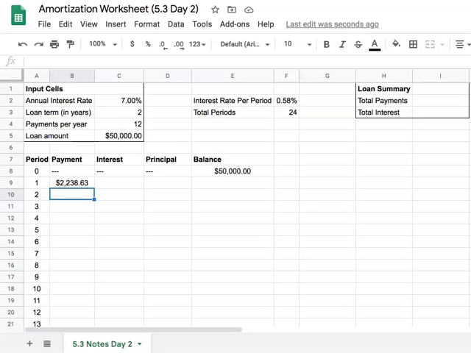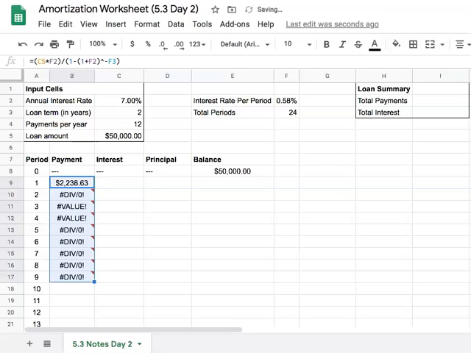Now, I don't want to have to write this all out for every single one, and the point of using the spreadsheet is to make it simpler. The problem with simply saying, okay, I'm just going to take this and scroll it down, is what's going to happen. You're going to end up with all these issues, because it's trying to take exactly the same thing as what you had in this first cell and shift everything down by 1.